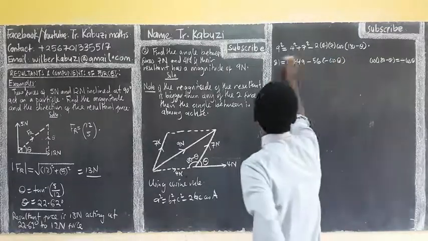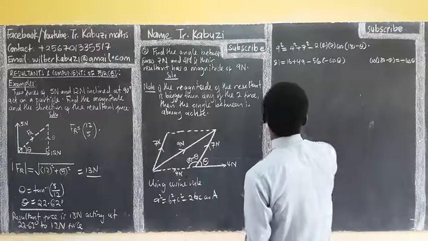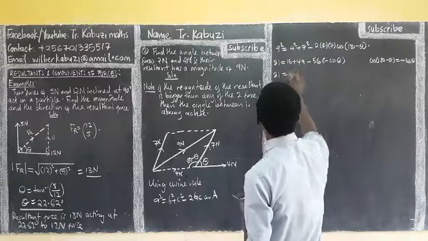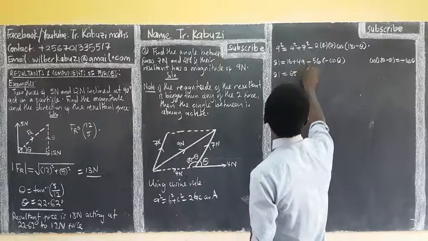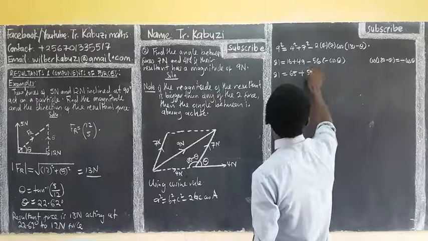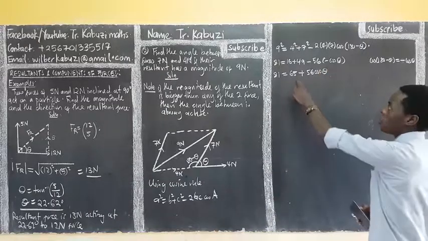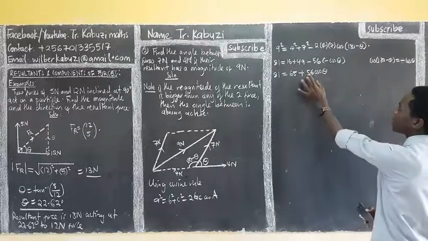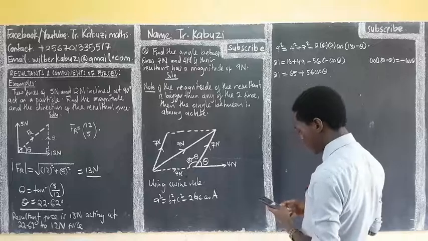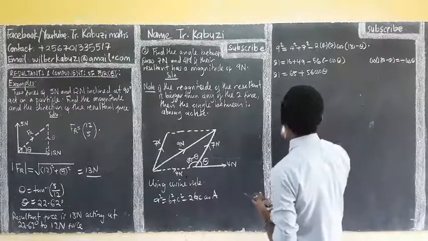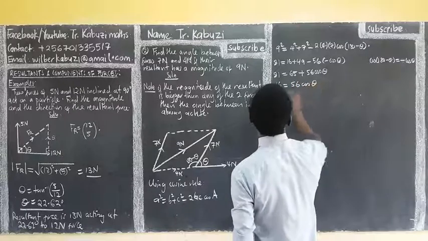Now I take these ones this side: 81 equals 16 plus 49, which is 65, then this negative and this negative give us a positive 56 cos theta. Now, here this is where people make mistakes. You cannot add this to this because this is the coefficient of this. What do you do? Just take this side, so 81 minus 65 gives 16, equaling 56 cos theta, divided through.